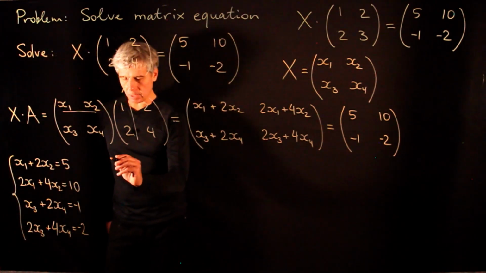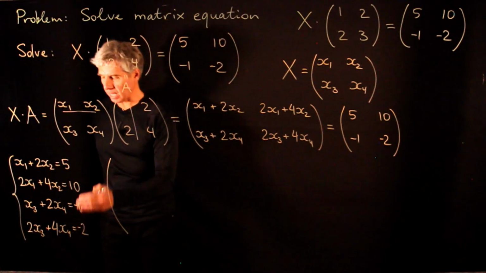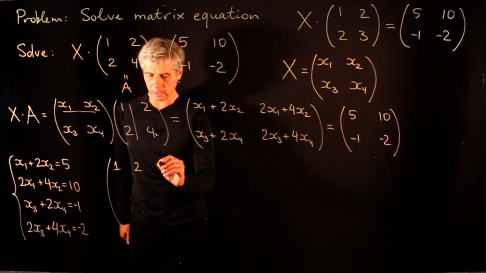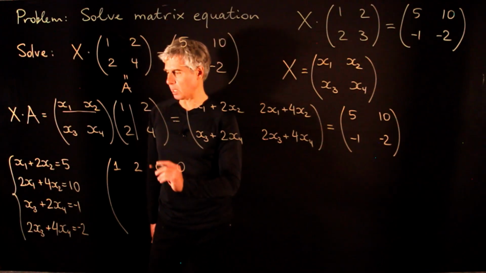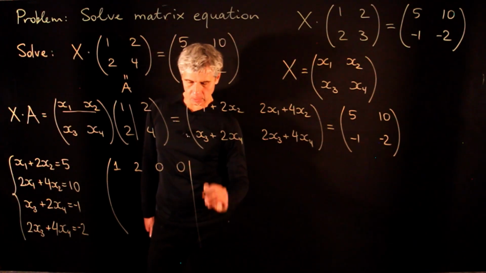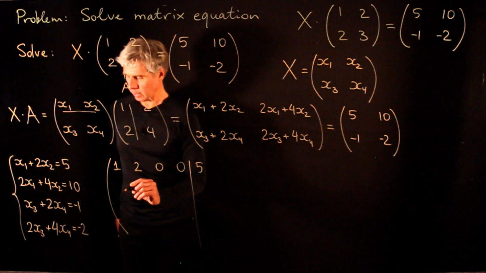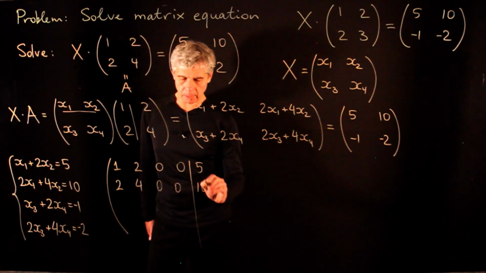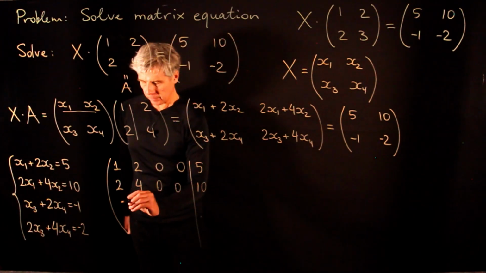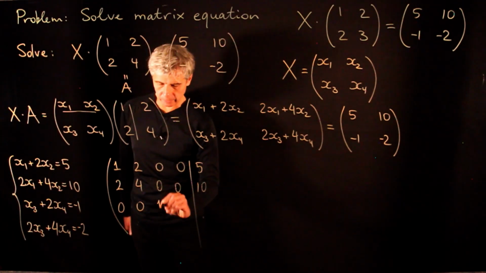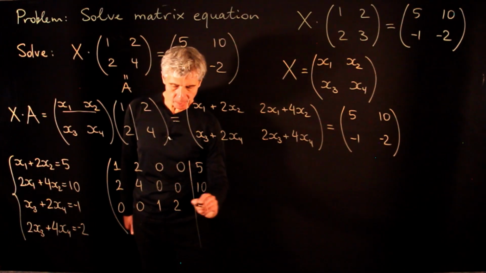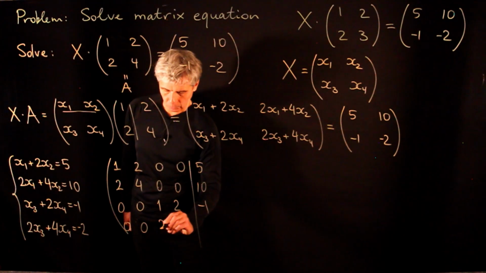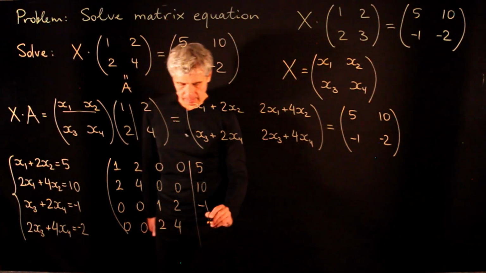So then we can construct the matrix of this system of linear equations. So we have 1, 2, 0, 0. Now we have 4 equations and 4 unknowns. So the right hand side is 5, then 2, 4, 0, 0 with right hand side 10. Then 0, 0, 1, 2 with negative 1, and 0, 0, 2, 4 with negative 2.